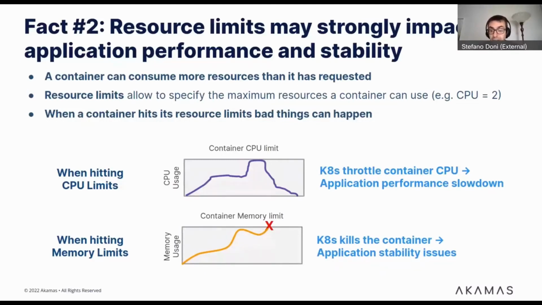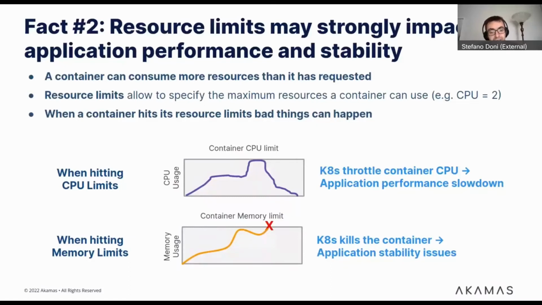This means that the container will see a kind of CPU slowdown, so the access to the CPU will be paused for a moment. We will see what that means in the next slide. The result of this effect will most likely be an application performance slowdown.